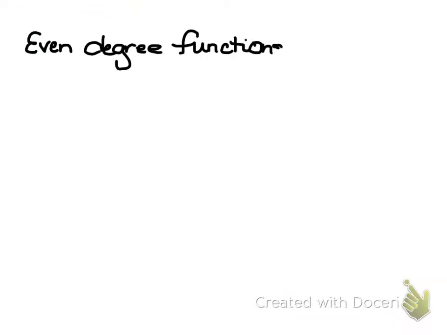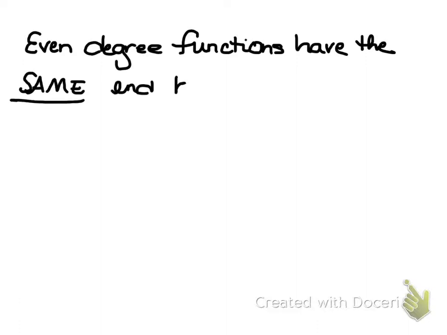I do want you to write this down. I want you to write down the fact that even degree functions have the same end behavior. Now, in class we talked about degrees, the degree of the function. And so if your degree is even, and that's your highest degree, is even, then the graph is, as I said before, this is very predictable, then the graph is going to have the same end behavior.